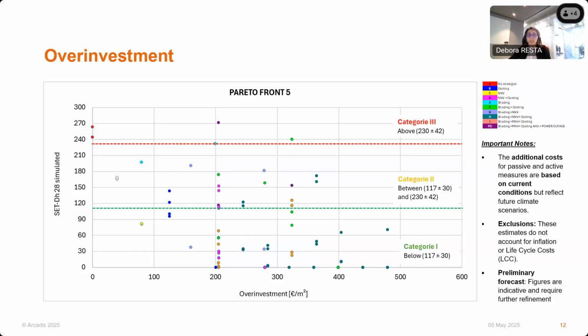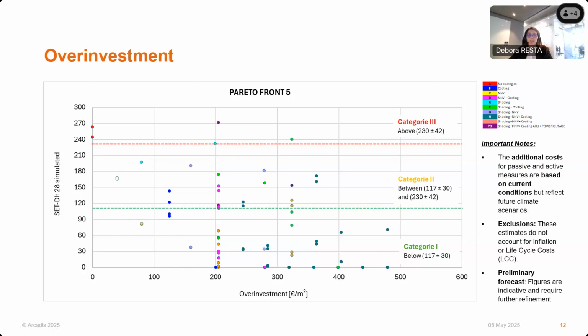This enables stakeholders to make informed decisions about future-ready construction. What we can see in this graph is that to be resilient, an additional investment of a minimum of 100 euros per square meter is required.